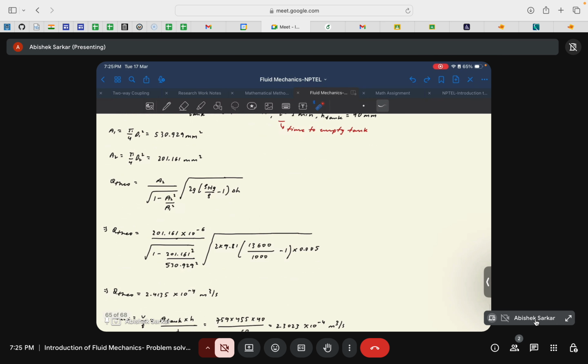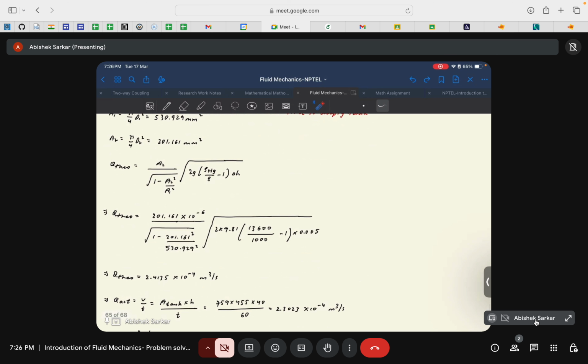If you substitute the values of A1 and A2 in this equation, with rho Hg as 13,600 kg per meter cube, rho as 1000 kg per meter cube since it is water in this case, and delta H as 5 millimeter, basically 0.005 meter, the deflection, you will get Q theoretical as 2.4135 times 10 to the minus 4 meter cube per second.